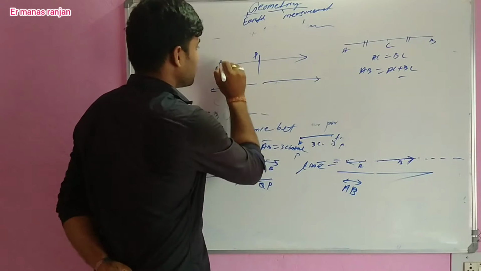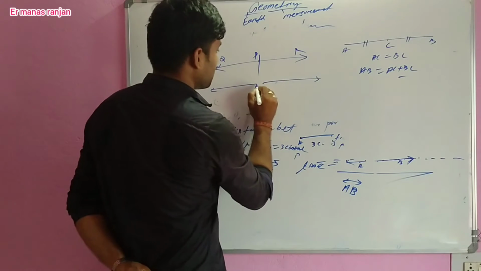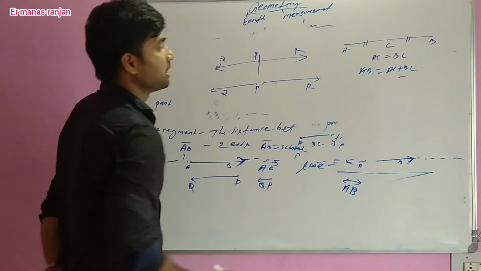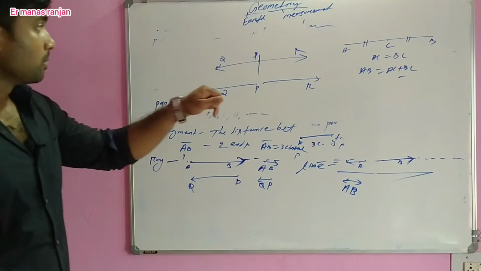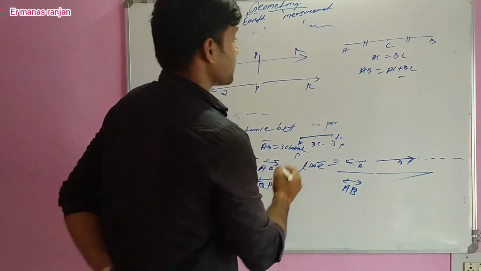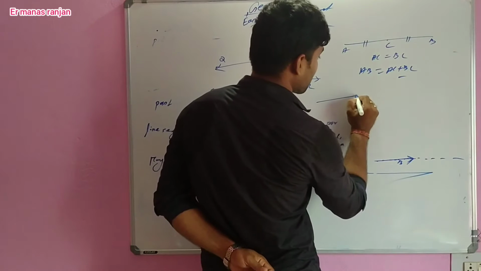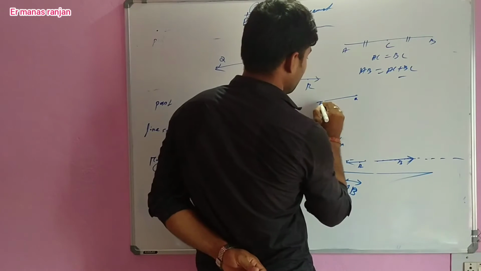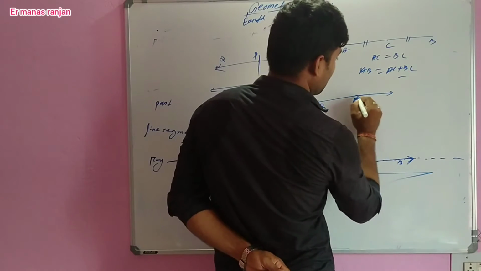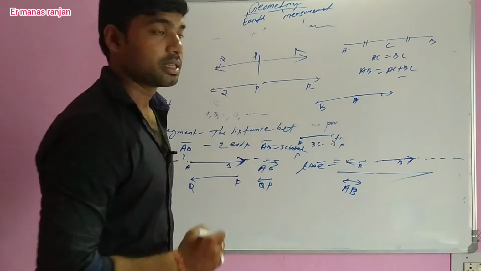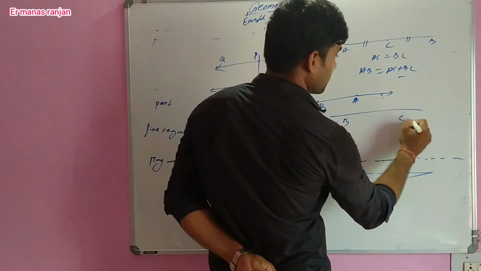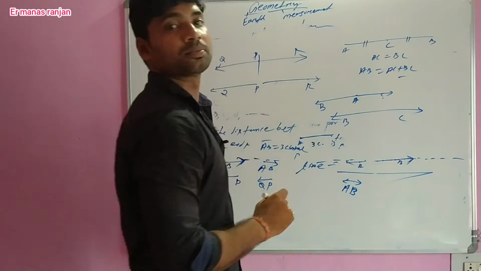Suppose it's P, Q, R. It forms PQ and PR. If you join two opposite rays, suppose here are rays AB and AC, it forms a straight line BC. Understood? Clear?